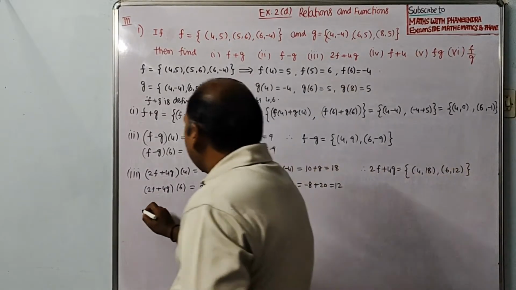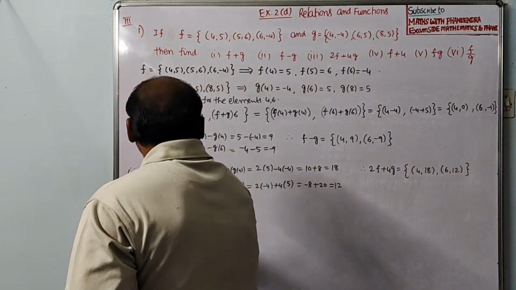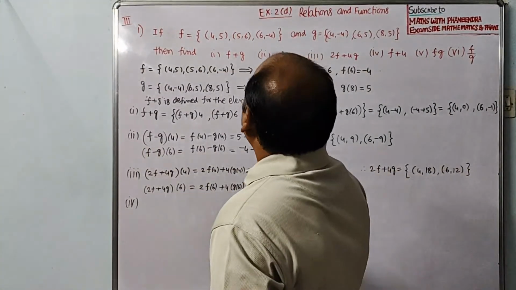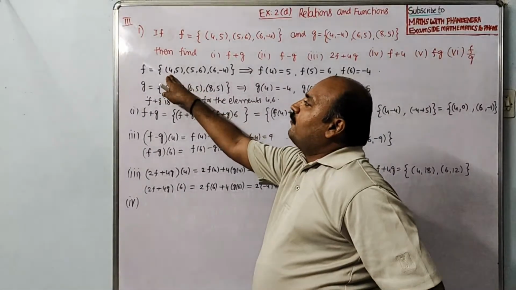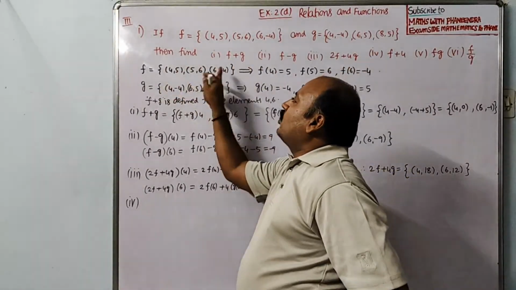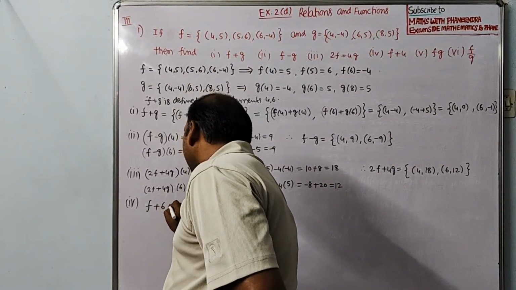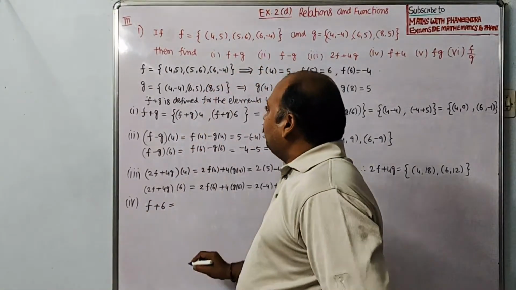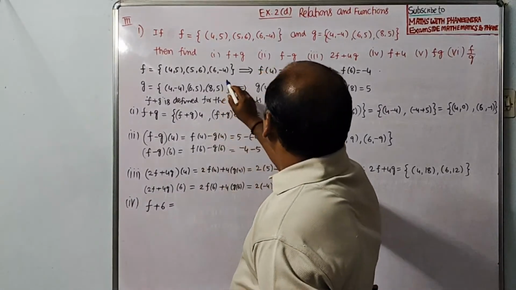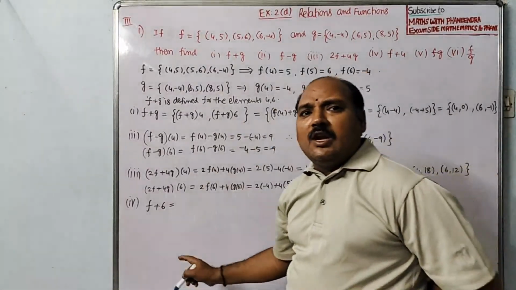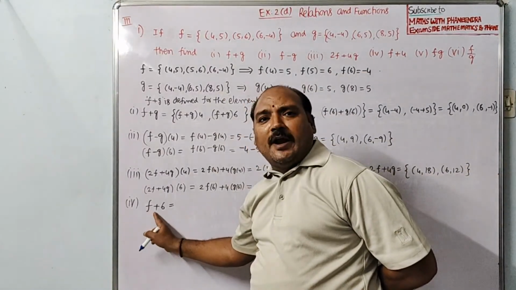Next, the fourth one is a single function, f plus 6. That means f of 4 plus 6, f of 5 plus 6, f of 6 plus 6. In f, what are the domain elements? 4, 5, 6. For all, only one function we are adding now.